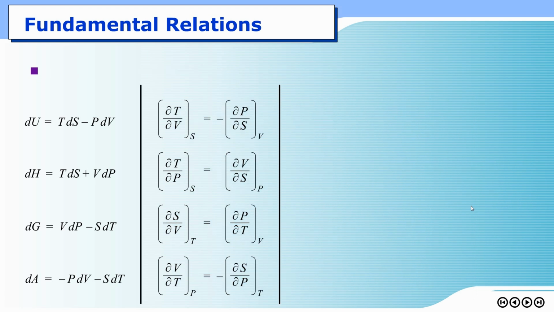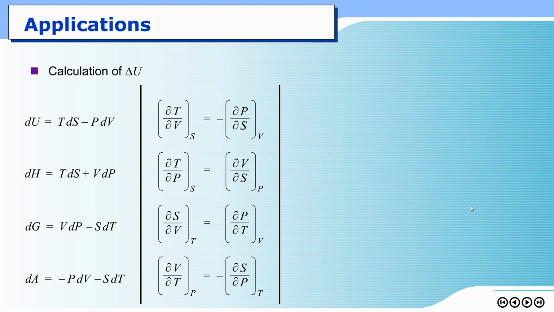Now let me show you how to use Maxwell equations to derive the relationship among thermodynamic parameters. The first application is the calculation of delta U. As in lecture 2, we said for the system with degree of freedom of 2, we can pick two variables to represent internal energy, and normally for internal energy we would prefer to write it as a function of temperature and volume.